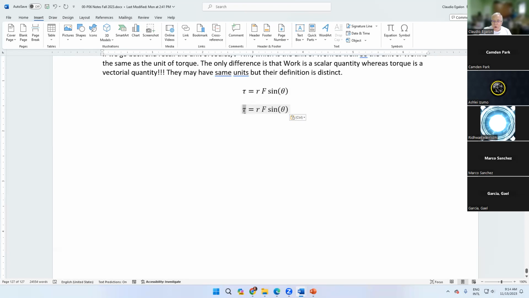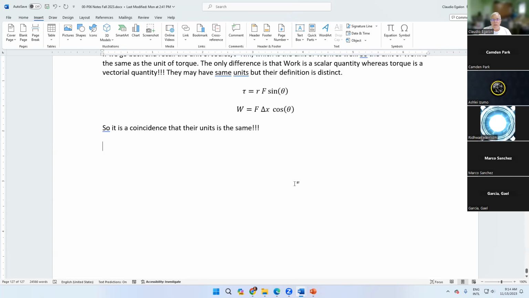The definition of work is going to be F, it's going to be delta X, but instead of sine of theta, it's going to be cosine of theta. So it is a coincidence that their units are the same.